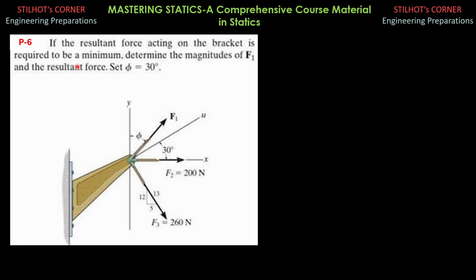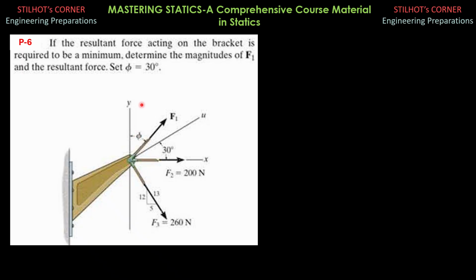Problem 6. If the resultant force acting on the bracket is required to be a minimum, determine the magnitudes of F1 and the resultant force. So set P equals 30 degrees. The magnitude of R is to be minimum, and R squared equals Rx squared plus Ry squared.